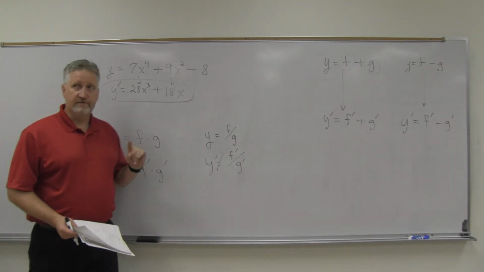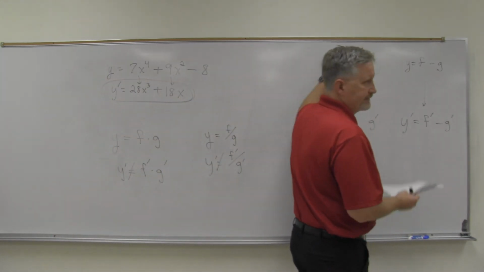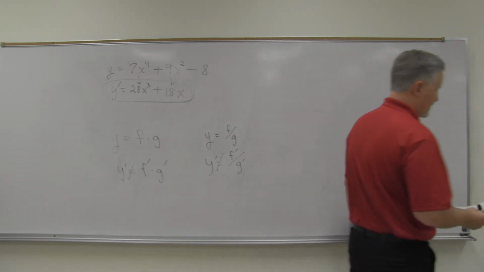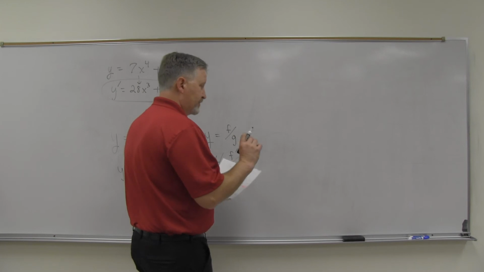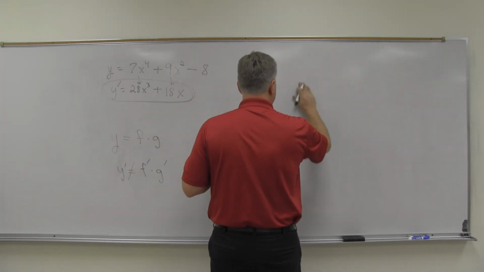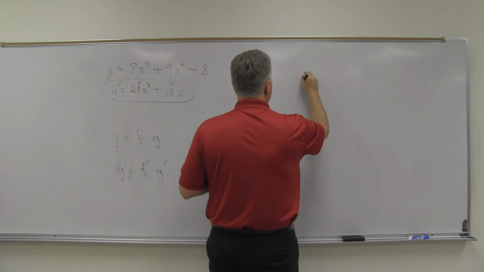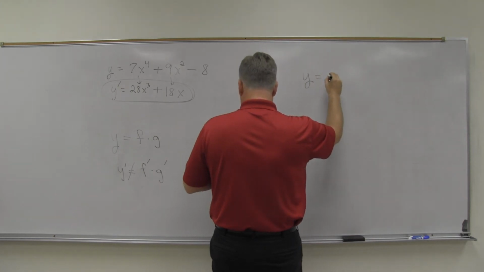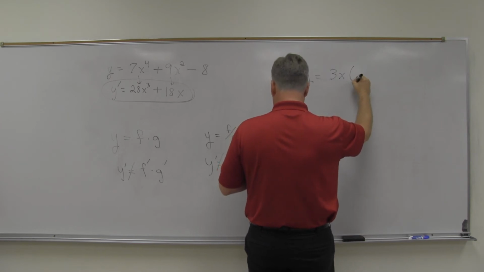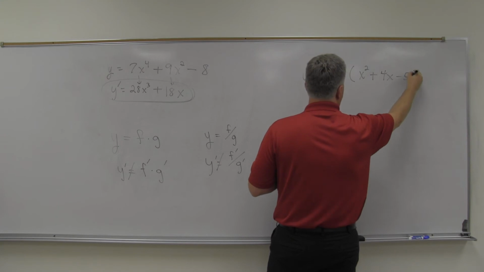So the one thing I would say here, so what do we do? Well, there is a rule for each of those, and we'll talk about those next time. But in the interim here, there are some things we can do, like if I have y equals (3x), let's say, times x squared plus 4x minus 5.